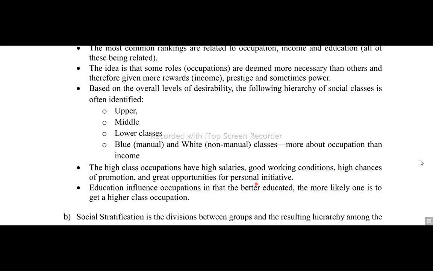So what do we mean by all that? High-class occupations. For example, in our university, which levels would you give to those people who work in our university, among the upper, middle, and lower? Which class do you think the VC, the DVCs fall?